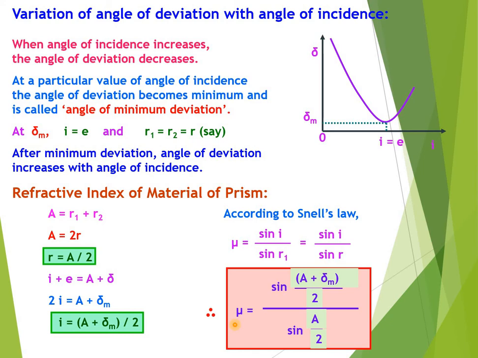So the formula, which is known as the Prism formula, for the refractive index of the material of the prism, is mu equal to sin((A plus delta m) upon 2) upon sin(A upon 2). That means the refractive index of the material of the prism is dependent upon the angle of the prism and upon the angle of minimum deviation as per the formula. So this is known as the Prism formula.